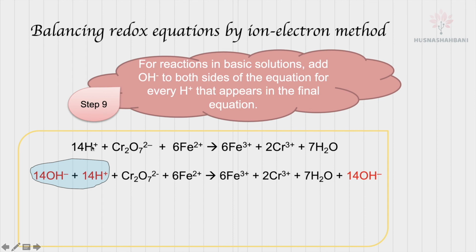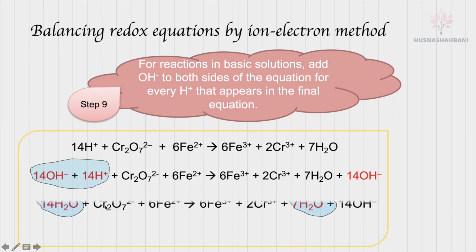You have 14 H plus, so you have to add 14 OH minus on the left, 14 OH minus on the right. This is step number 9 if the question asks for basic solution. If you combine OH minus and H plus, it becomes water. But on the right side, you don't have H plus, so leave it 14 OH minus. Just leave it like that.